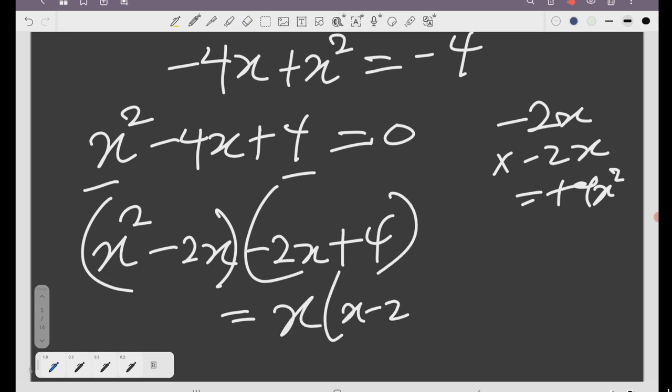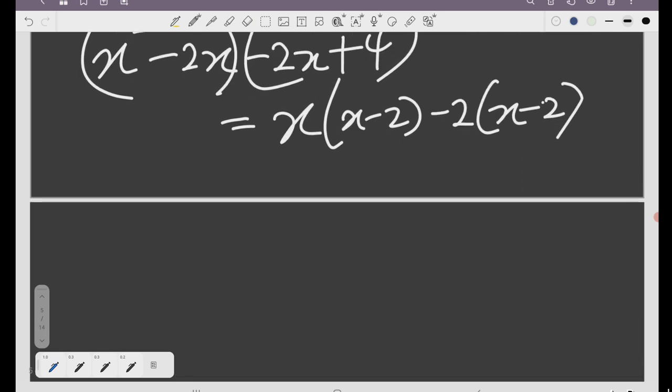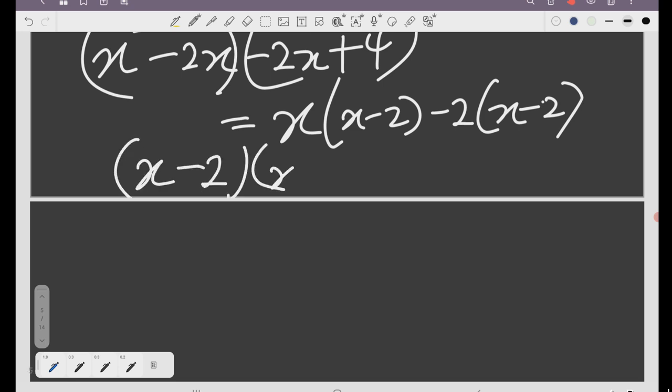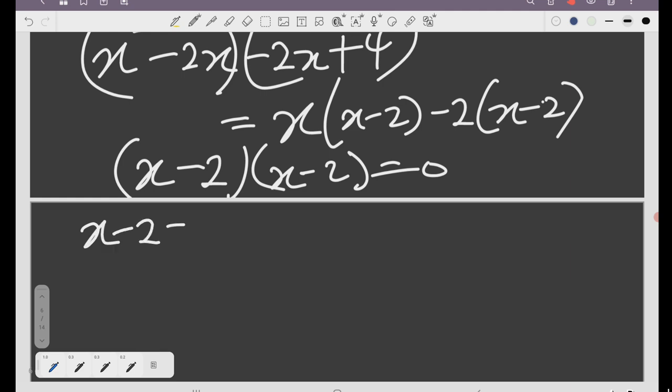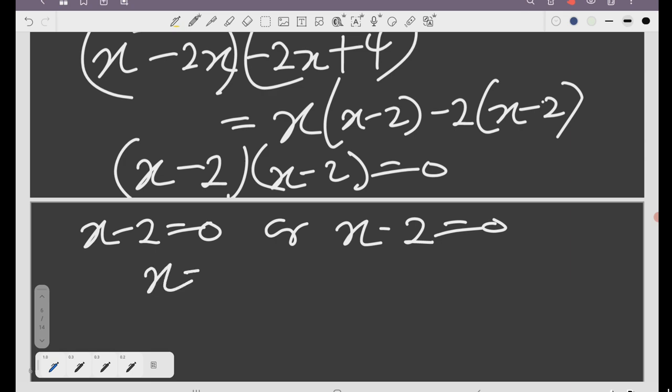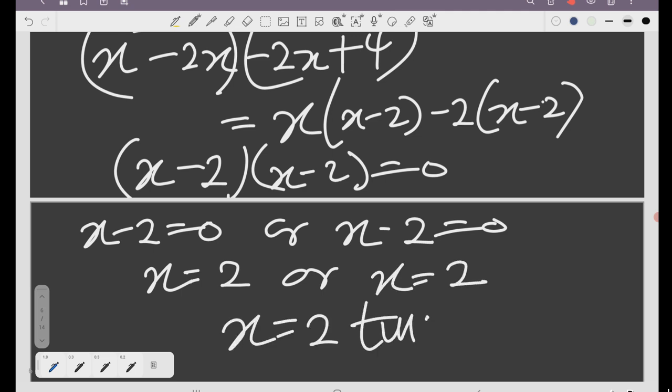We have x minus 2 times x minus 2 is equal to 0. This tells you that x minus 2 is equal to 0 or x minus 2 is equal to 0, so x is equal to 2 or x is equal to 2, telling you that x is equal to 2 twice.